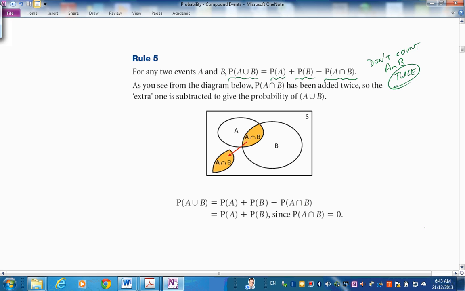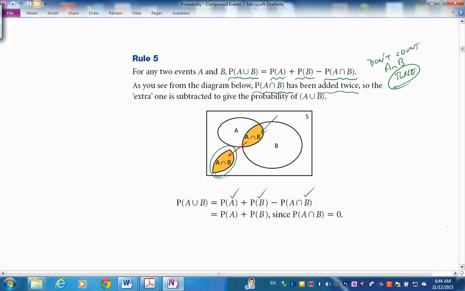So we've got to check, do they intersect, do they both occur together? And here, as you see from the diagram below, A intersection B has been added twice, so the extra one is subtracted. So in other words, if you add up A and B, there would be two of those. One in the A set, one in the B set, pull out one. Not a bad diagram. But please keep in mind, you are still including the intersection, but you don't want to count it twice.